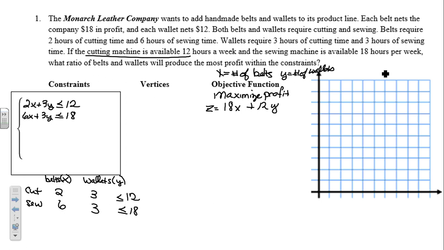X has to be bigger than, could it be equal to? 0? Yeah. Okay, has to be positive, right? What about, can we make negative wallets? Mm-mm. So, okay, y has to be positive.